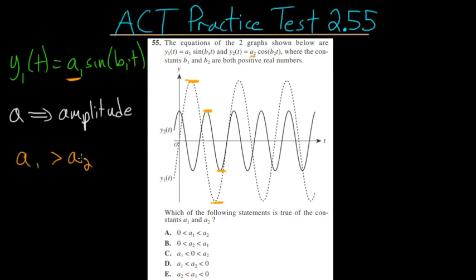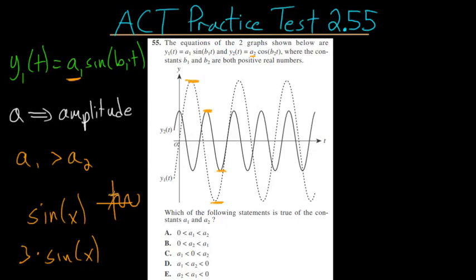And just to help you make a little bit more sense of amplitude, let's look at just the sine function and 3 times the sine function. So basically, this sine function is essentially going to oscillate on your graph between 1 and -1.